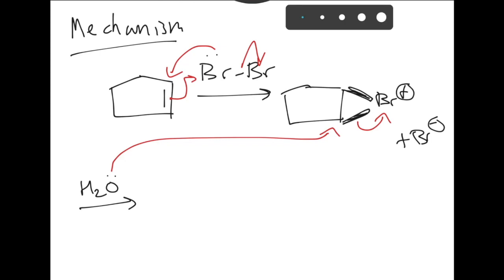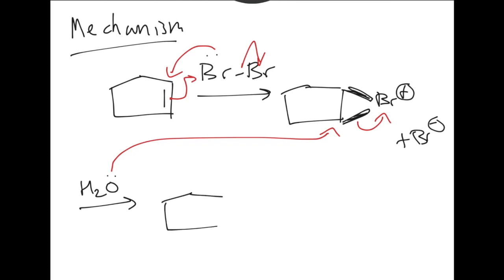Right. So then this is going to, same thing, the bromine blocked the top face. And we end up adding water. We're 1 hydrogen away from giving us the product that we want. And we have a lot of water.